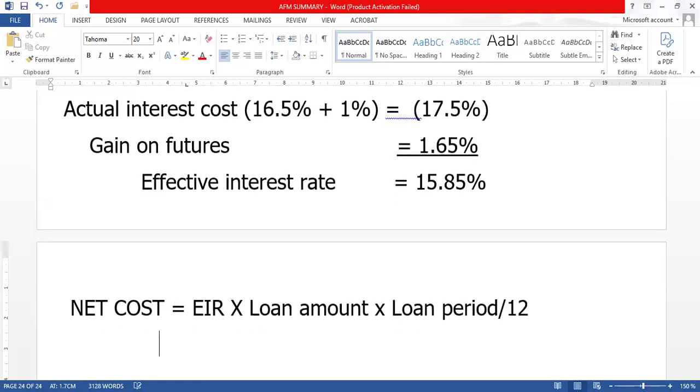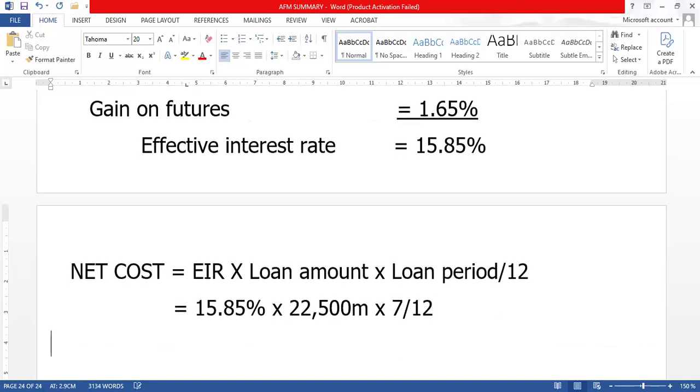The shortcut. So here it will be 15.85% times the loan amount, which was 500 million, times 7 out of 12. So the net interest, the net cost in terms of amount, will be shillings what?